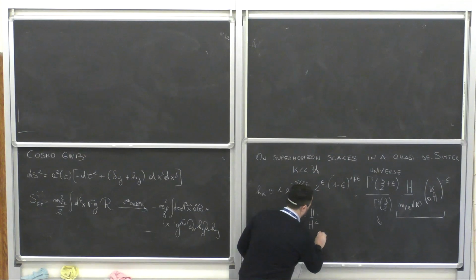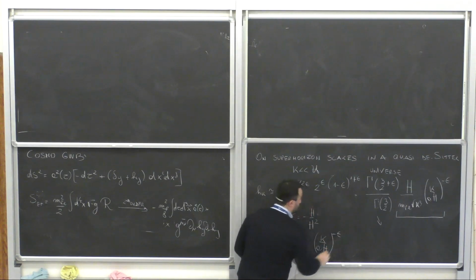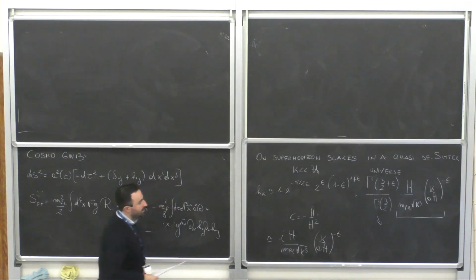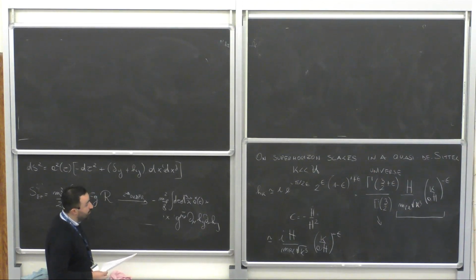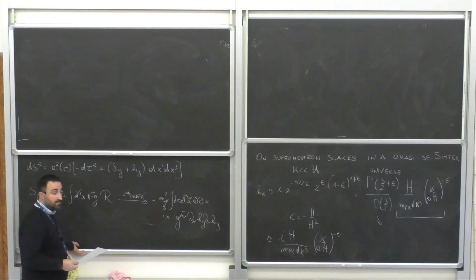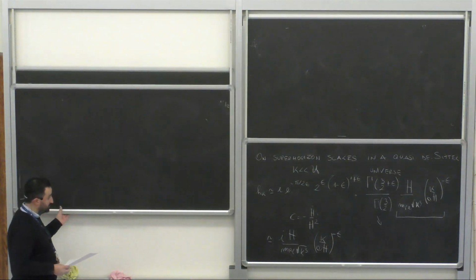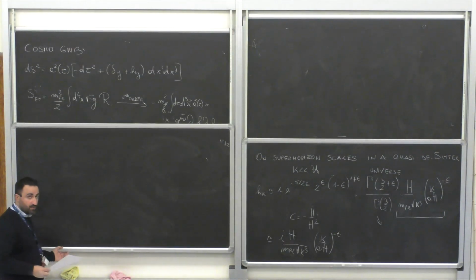You can also put this k over aH to the minus epsilon, so you just do this approximation. Now you can compute the power spectrum.